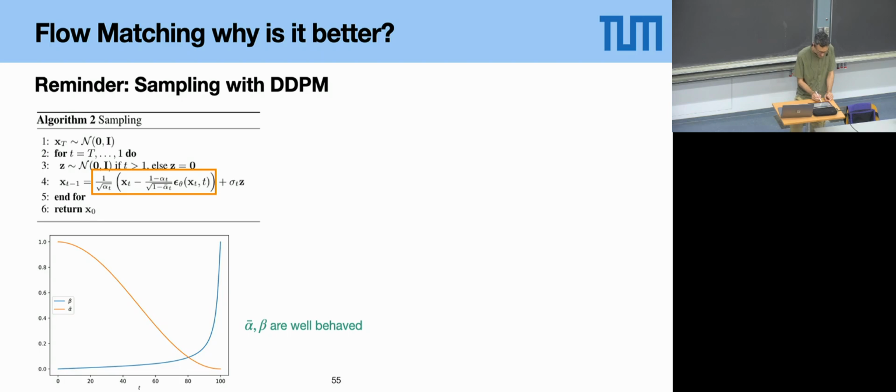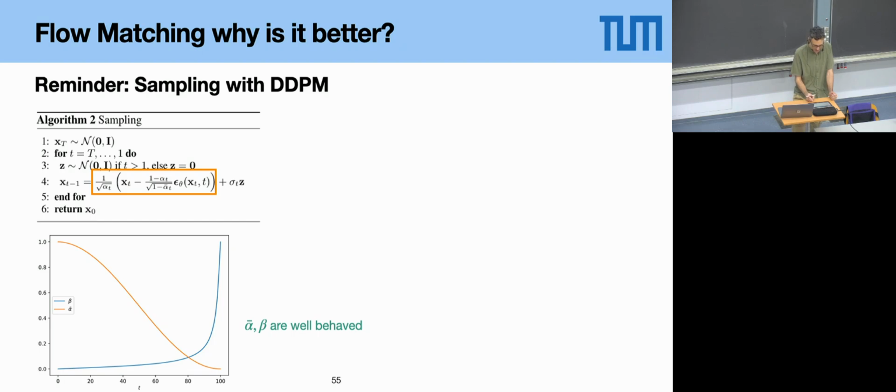So here for 100 steps, these are the alpha bar values in orange, right? So this is the progression in terms of targeted reduction of noise, and these are the beta values, the blue ones.